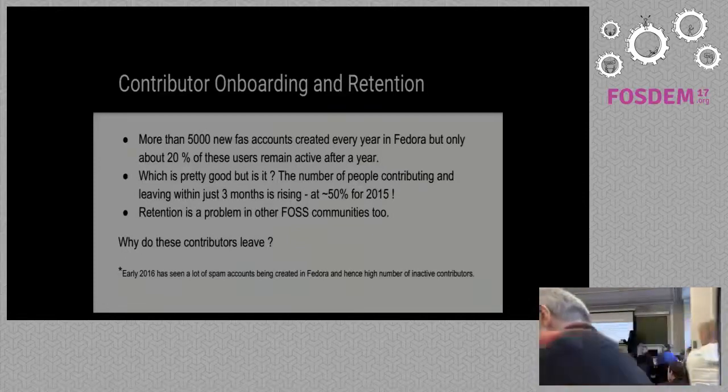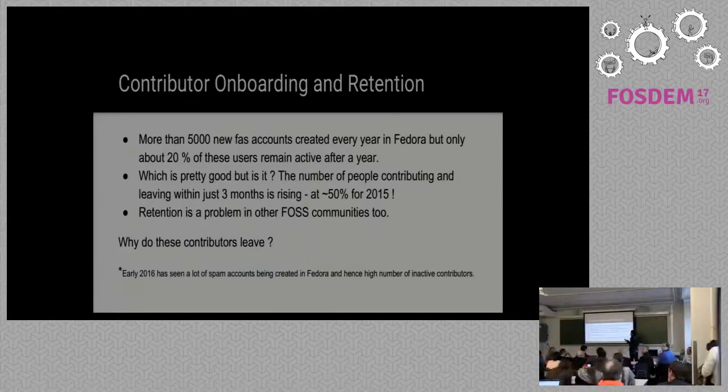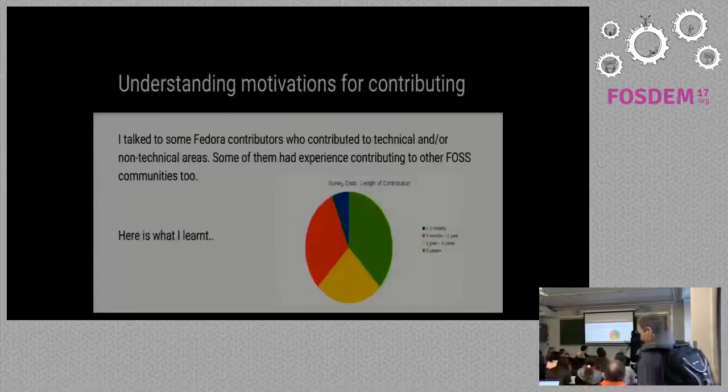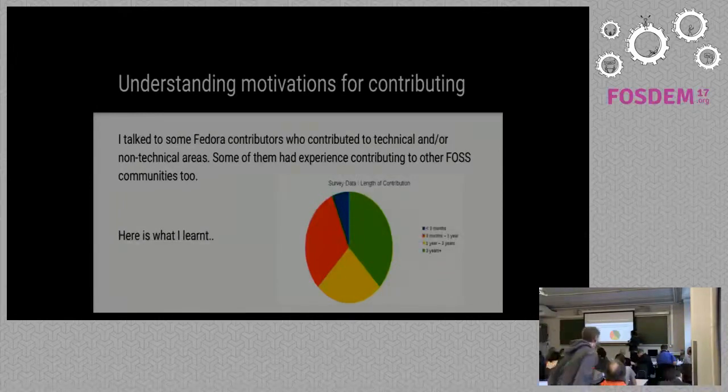I've been talking with other people in Mozilla and other FOSS communities, and they also have this problem of retaining their contributors. So I have been trying to analyze why this happens and what we can do to stop it. I tried to talk to some contributors in the Fedora community, and I conducted a survey.